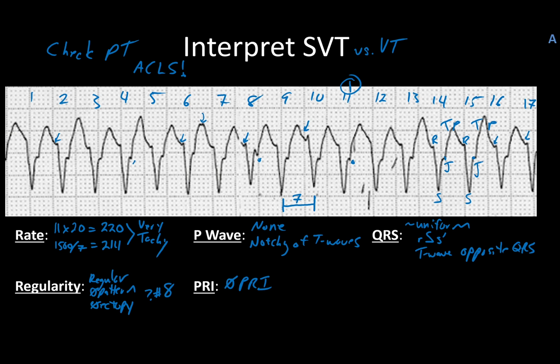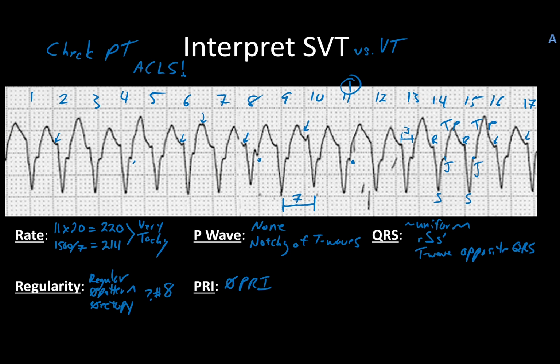Ultimately, if we measure this out, I'm going to go ahead and use beat number 13 for this. And just draw a line up here. And then from my J point up to right here. And that is 1, 2, 3. Right thereabouts.